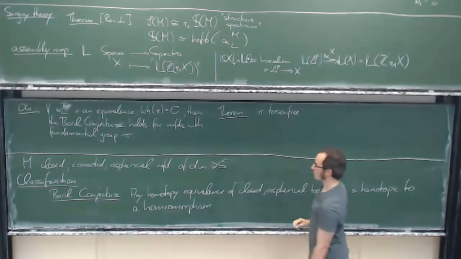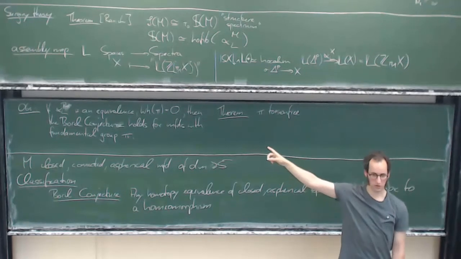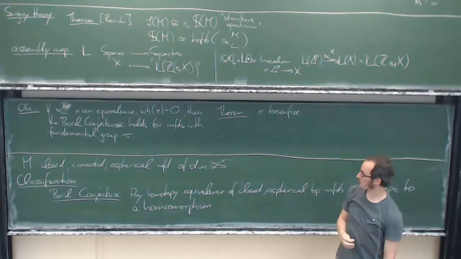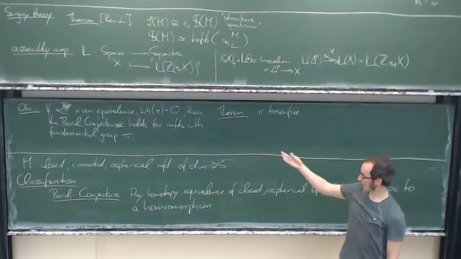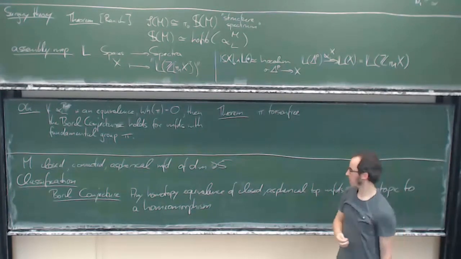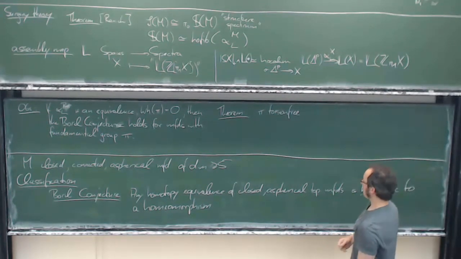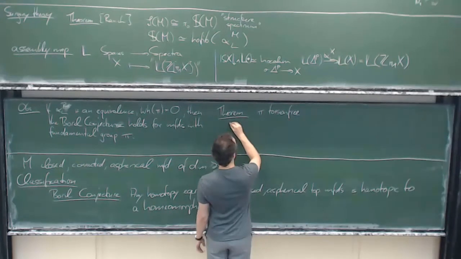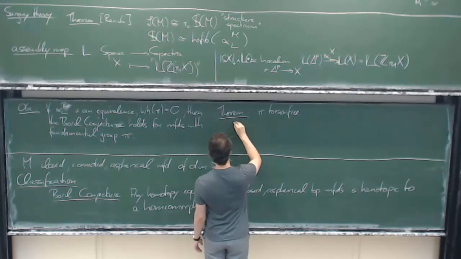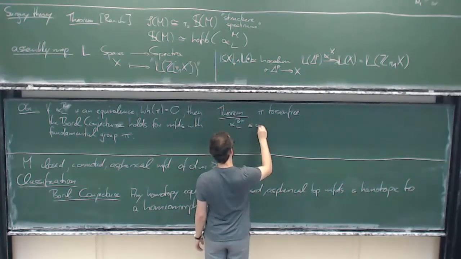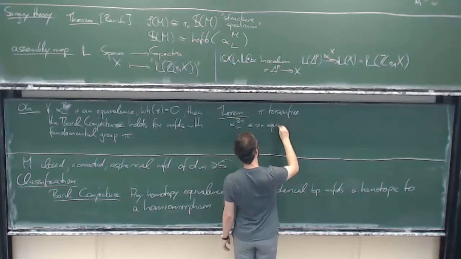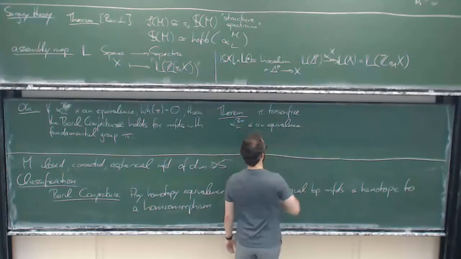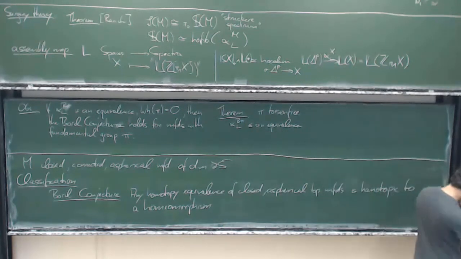Of course, this assumption is harmless if we're thinking about this question, because if we have an aspherical manifold, then its fundamental group is necessarily torsion-free. So if pi is torsion-free, then we know that alpha_L for B pi is an equivalence, for example, for the following groups.